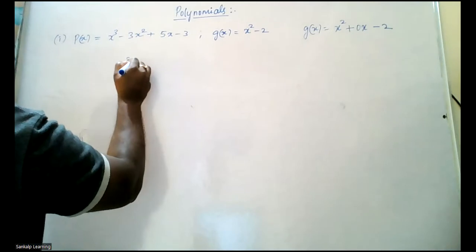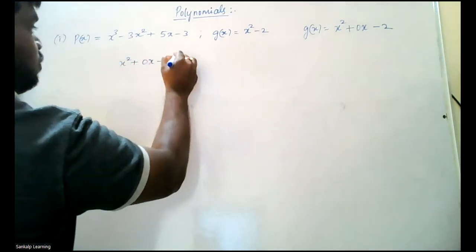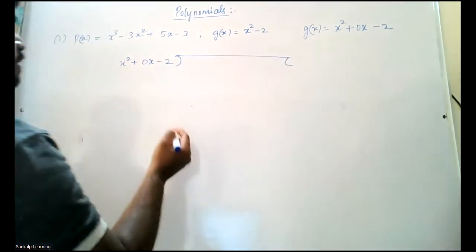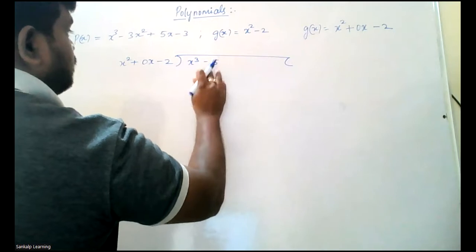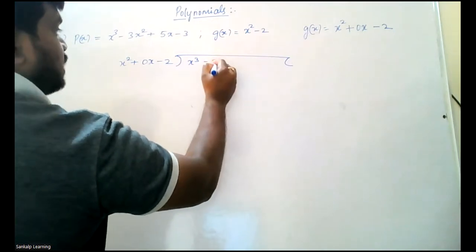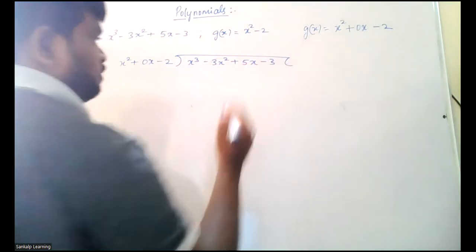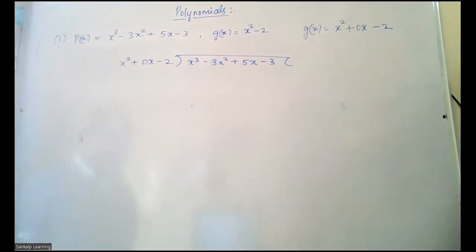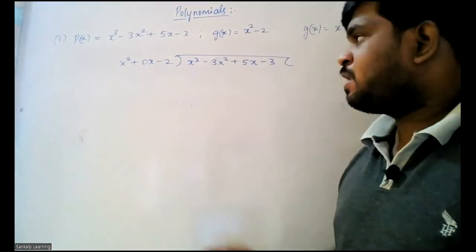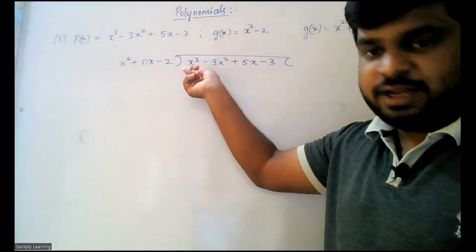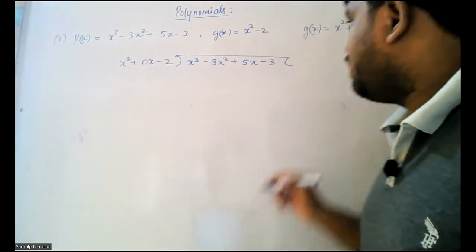So let's write it outside: x square plus 0x minus 2. And our dividend is x cube minus 3x squared plus 5x minus 3. Now, how to find the quotient? It's very easy. Let's take the first term of the dividend and the first term of the divisor and divide them.